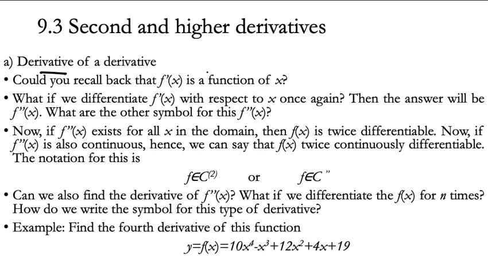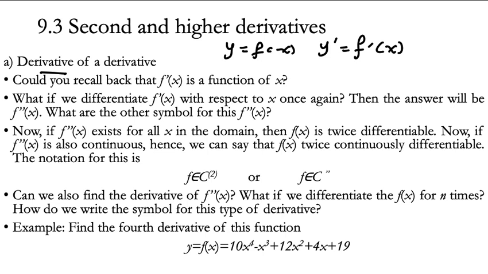So can you recall? We have a function like y as a function of x. If we take y prime, or we can also rewrite it as f prime x, then you can see that f prime x is a function of x.